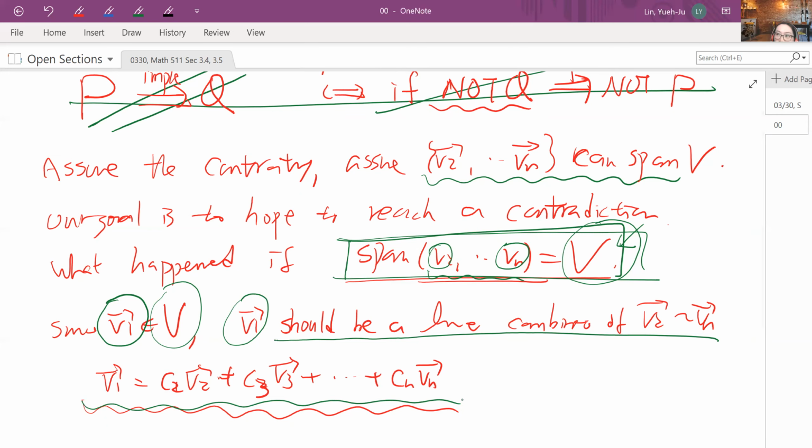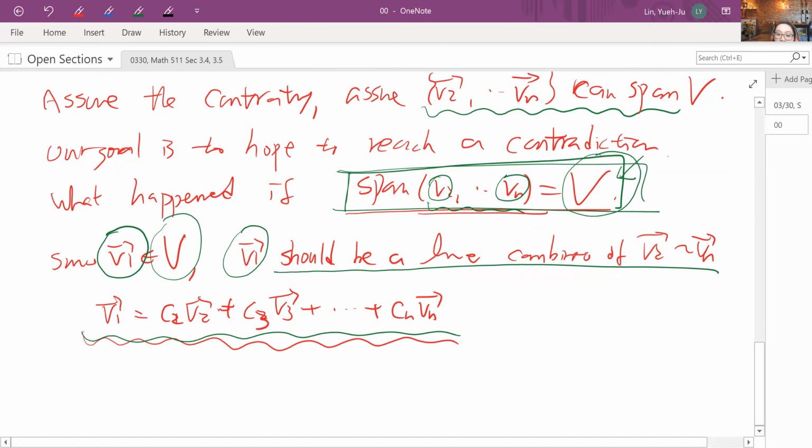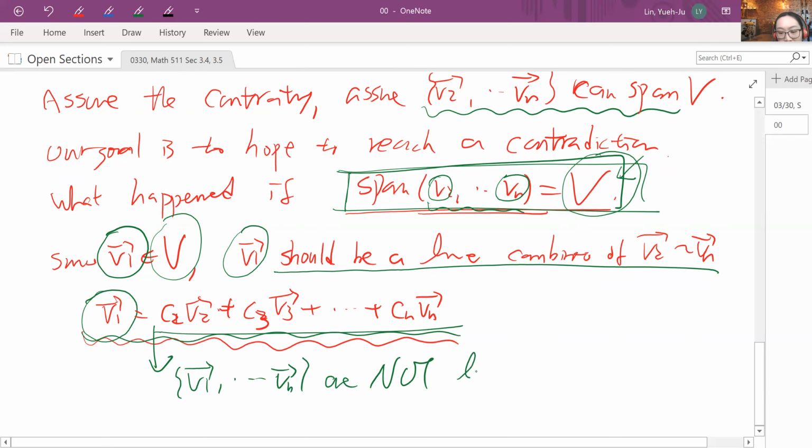But if I can do that, this tells me that V1 depends on V2 to Vn, right? This is exactly what we don't want to see, because right away you're saying V1 to Vn are not linearly independent.